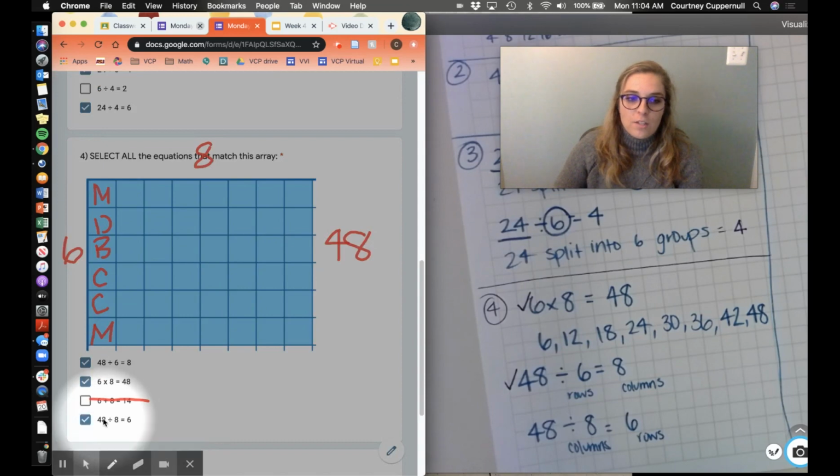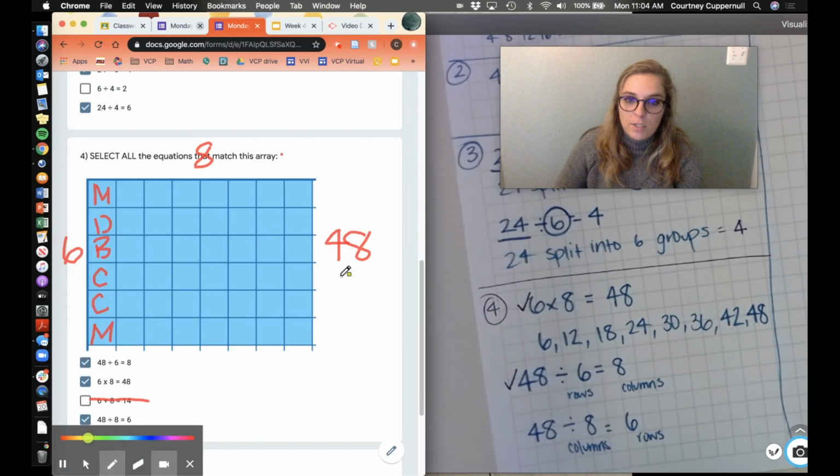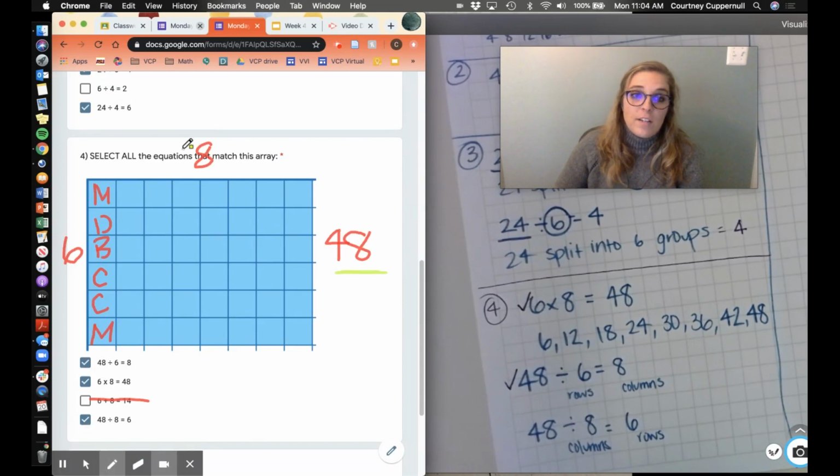If I have 48 total things, split them into 8 groups, will I get 6 in each group? Does that array prove this? Yeah, it absolutely does, because again, I have my total of 48 things. If I split them into my 8 columns, so maybe in this case I'm now splitting it between my mom, my dad, my sister, Mac, Buffy, myself, then maybe my grandma gets some, and then maybe my grandpa gets some, right?